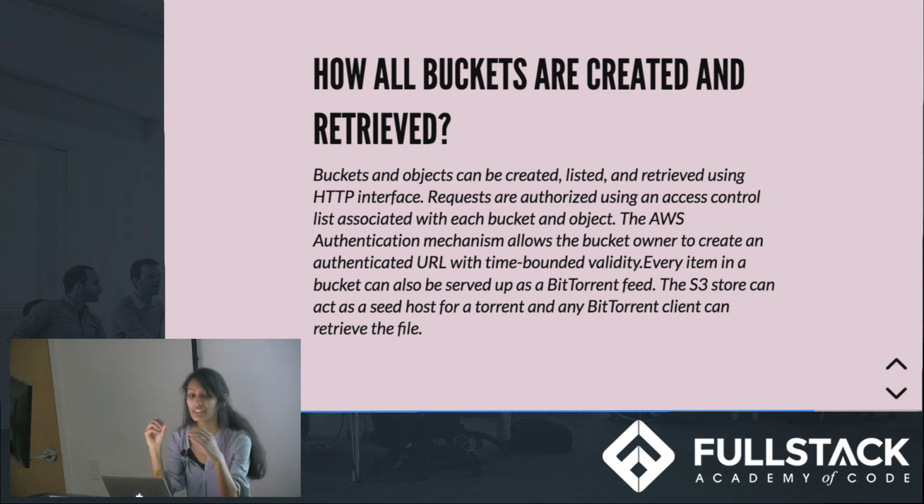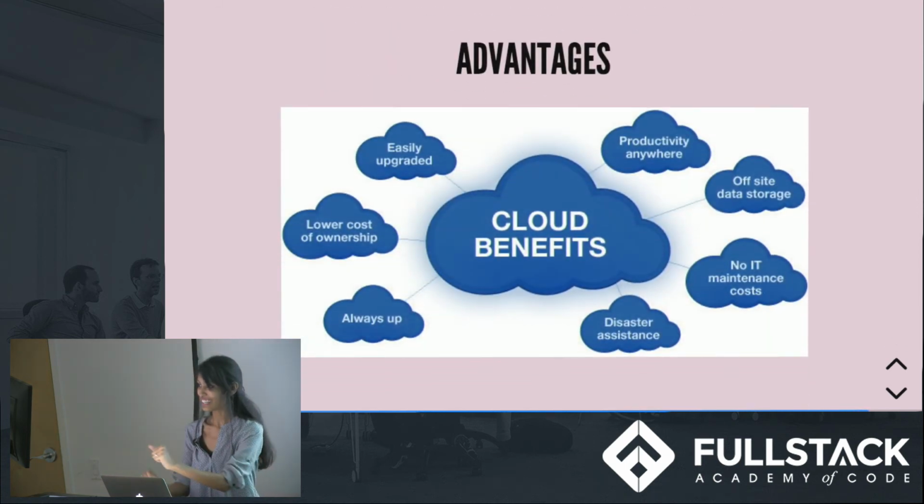And what AWS will do is send us an authenticated URL, and that URL will serve as our SID file. So if we go to BitTorrent and use that SID file, then we will get all our data from BitTorrent.